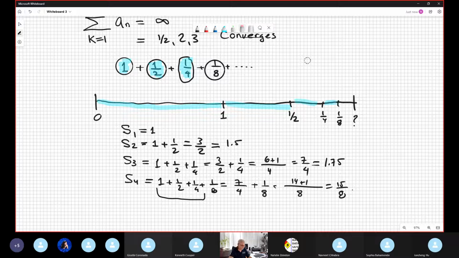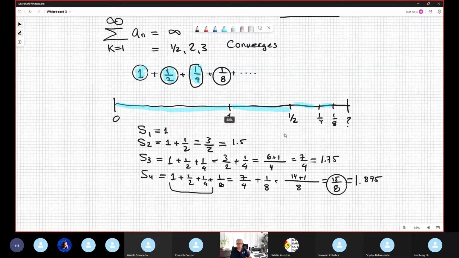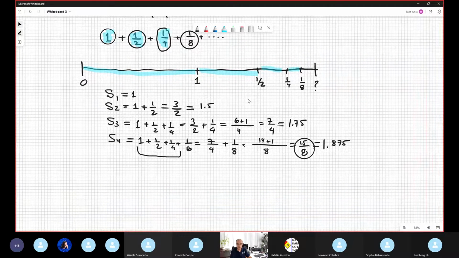You put it in a calculator: 15 divided by 8 is 1.875. This is in fraction, this is in decimal. So, do you understand, or can you try to predict what number it converges to, what is that number, or no?